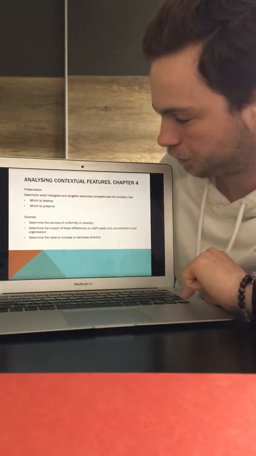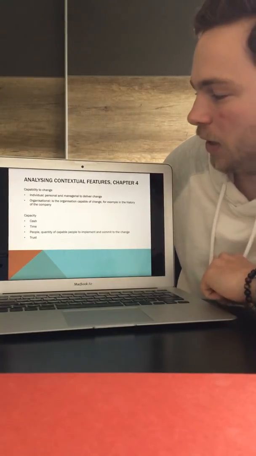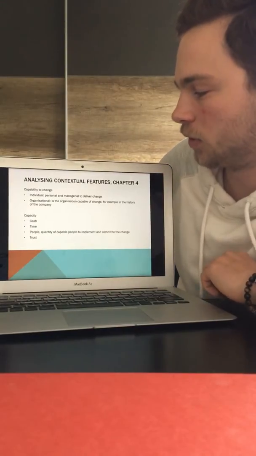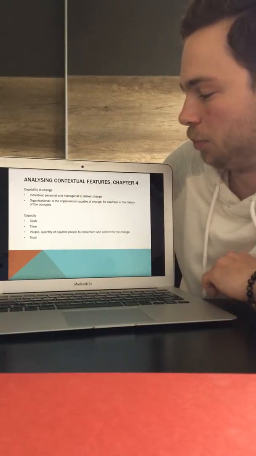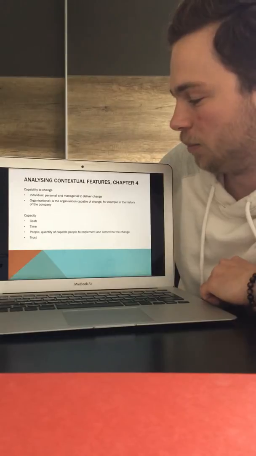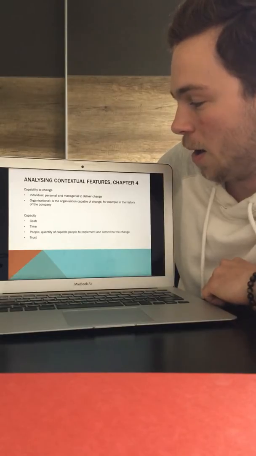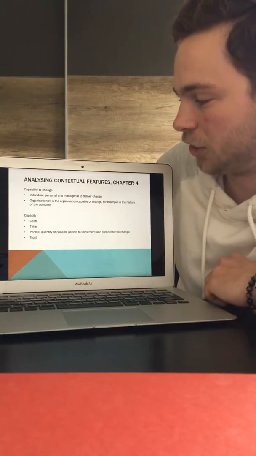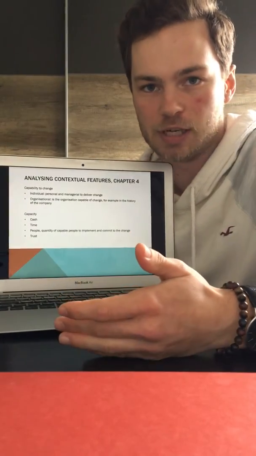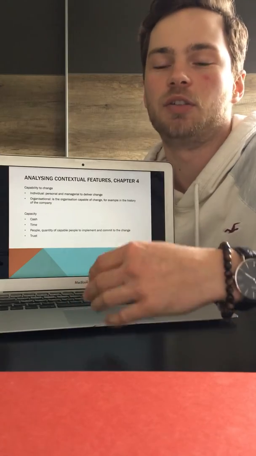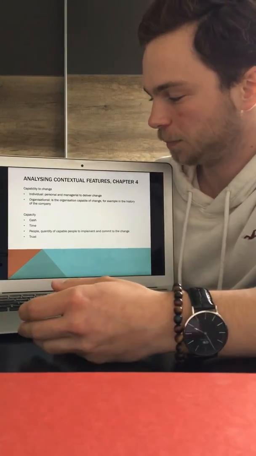That's the third one: the capability to change on an individual level. So do you have personnel and managerial capability to deliver change? Are the persons in the organization capable to change? And is the managerial level also capable of change?